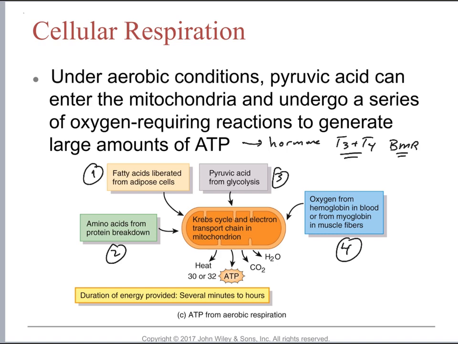Now, what's the byproduct? We're going to get heat, we're going to get carbon dioxide, cellular respiration, and water, and more importantly, 30 to 32 ATP. So we exponentially increase the amount of ATP. So now you can guess the duration of work is going to be several minutes to hours worth of energy.